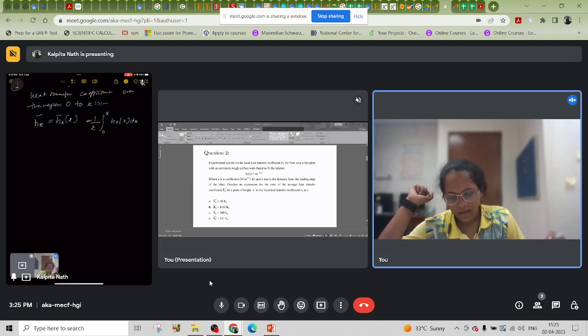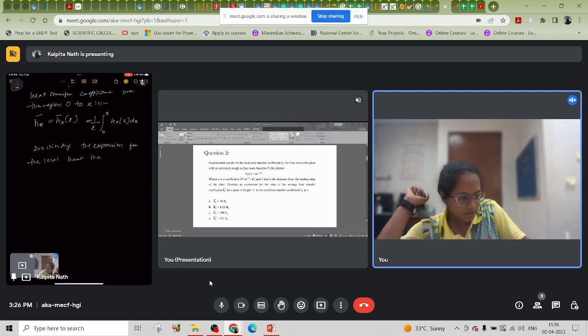This is the integration from 0 to x, divided by x. Now, substituting the expression for the local heat transfer coefficient.